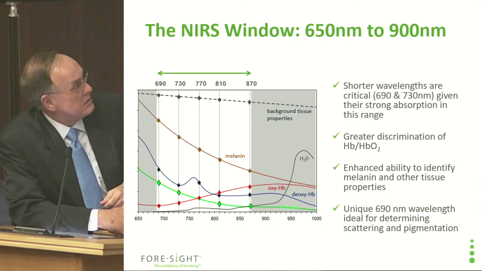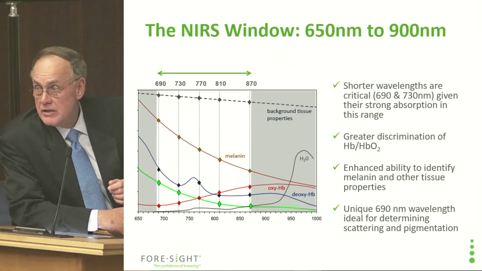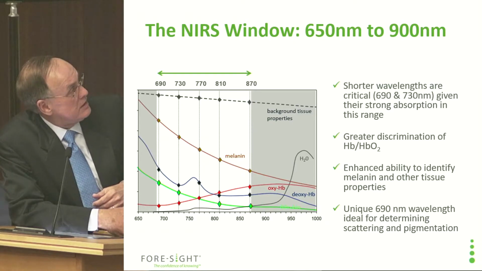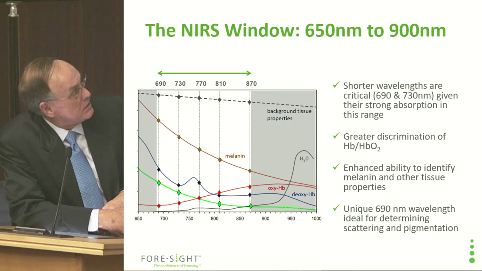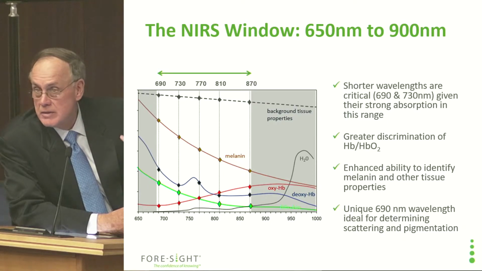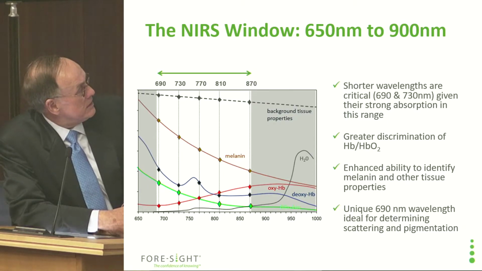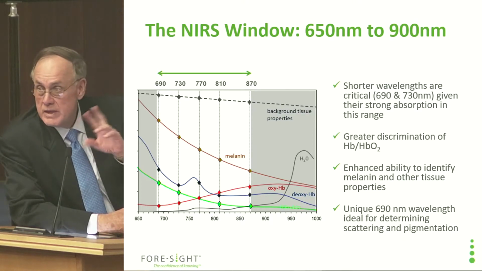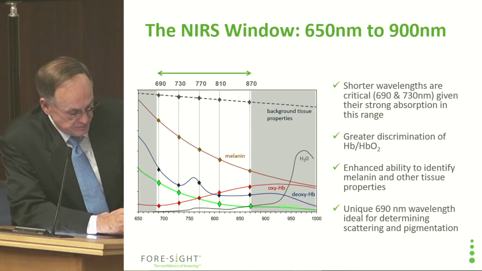On the other end, the maximum wavelength is 900, and you can see here that the absorption of light by water, H2O, goes very high after 900. So all this light would be absorbed by the water instead of the hemoglobin. So we're limited to 650 to 900. That's our window that we work with.